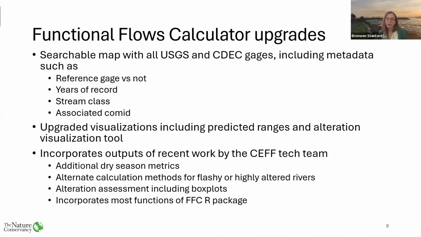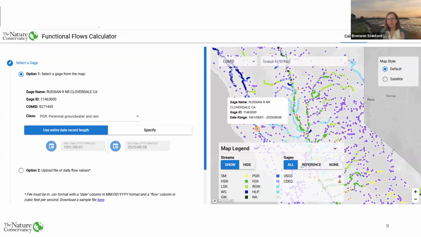Okay, so then to walk through the tool itself a little bit, after you enter the tool, this is the page you see. This is our searchable, pannable map with all of the USGS and CDEC gauges on it, visualized with these different symbols.